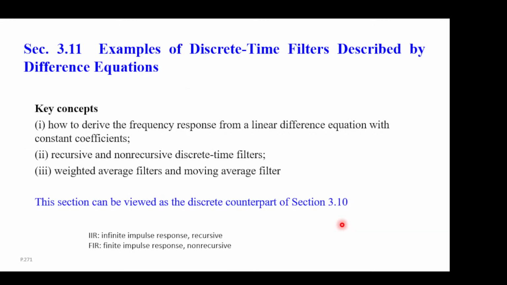Okay, and then we also have a similar thing, I think the last part of this chapter, for discrete time. Not quite a discrete time filter, but for solving discrete problems, we have a difference equation. Okay. So we can also solve a difference equation with initial rest condition because they are LTI systems.